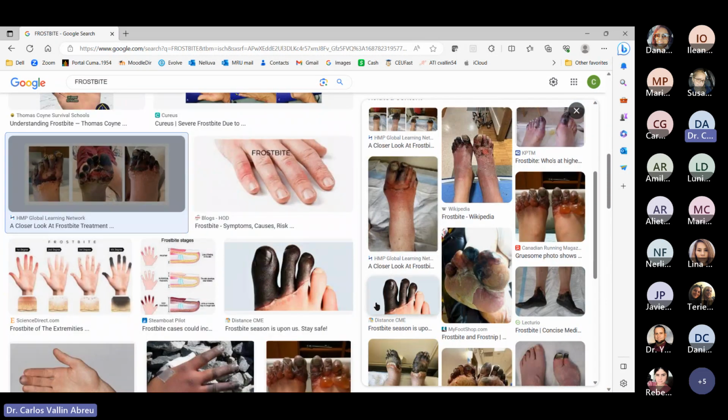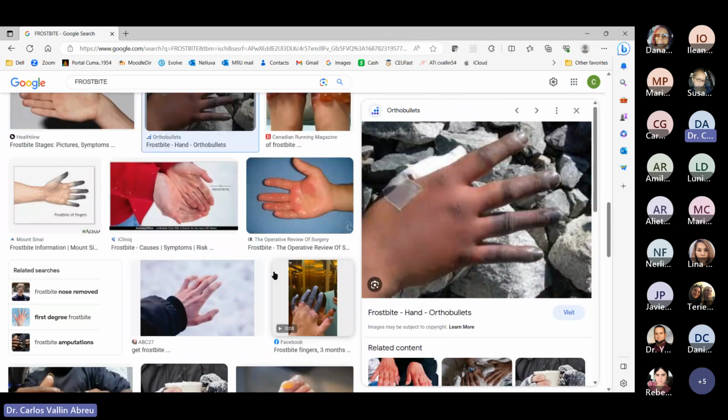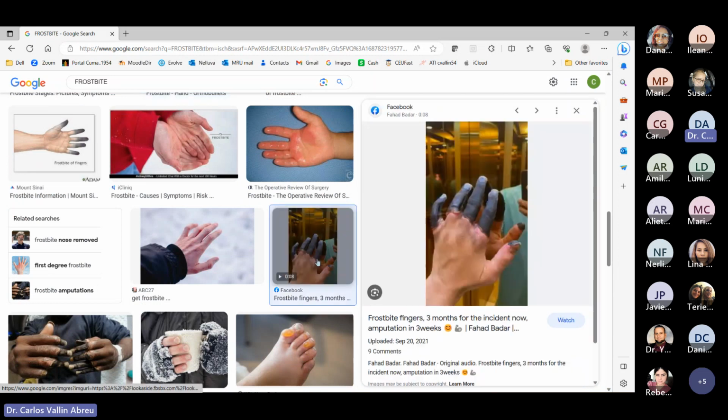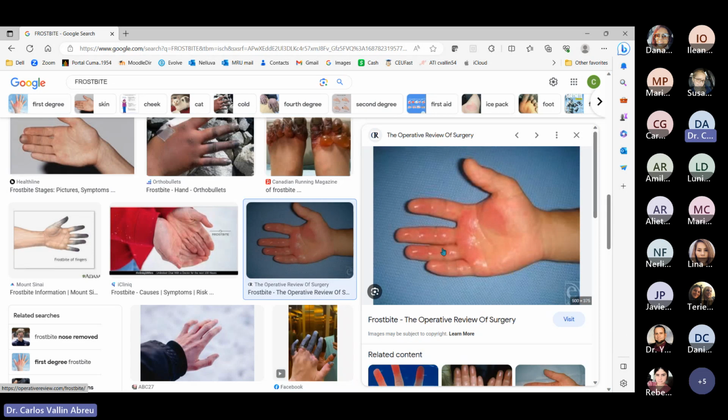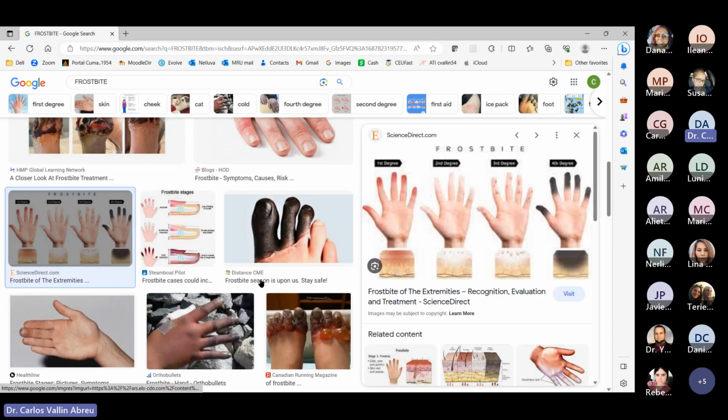But what I wanted to tell you, for test purposes, is that an intervention in frostbite is that you have an injury and necrosis that can be stopped, okay?